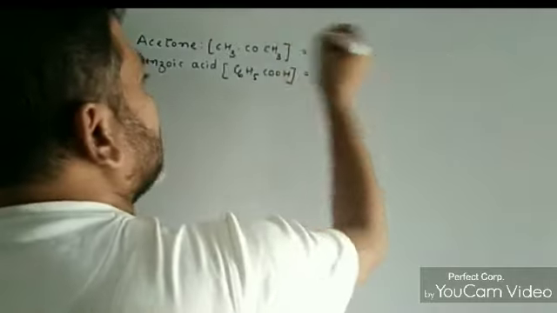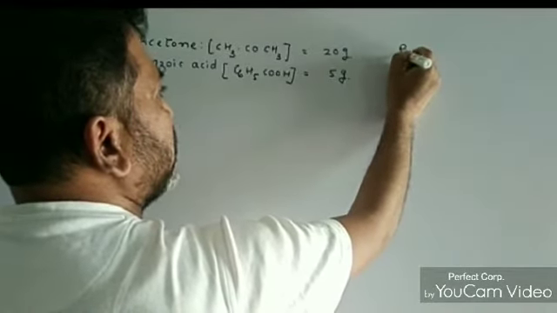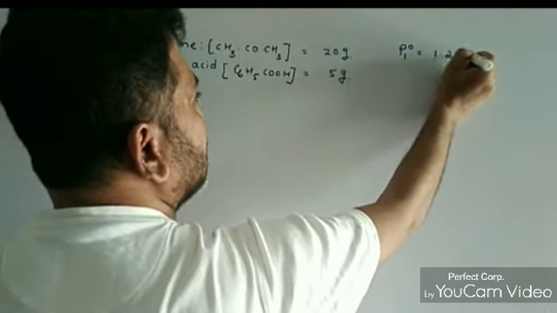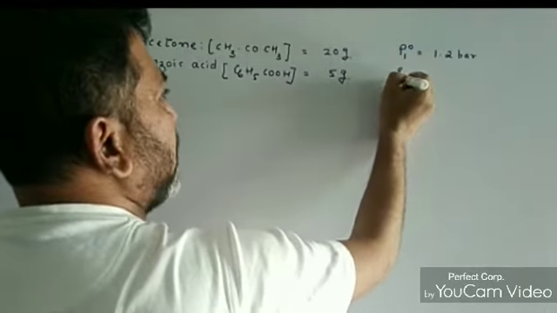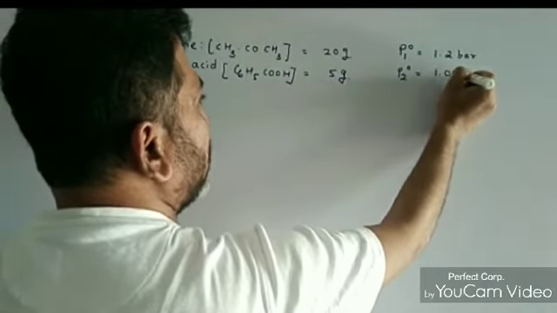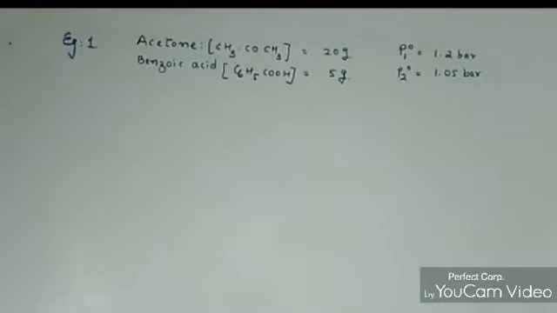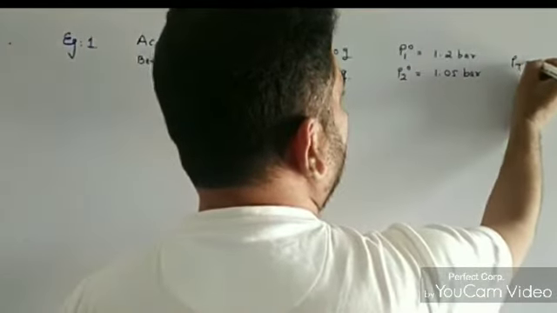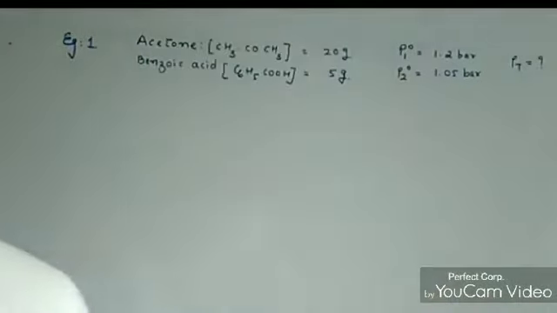Its initial pressure, which we will write as P10, is given as 1.2 bar, and the partial pressure or initial pressure of the other is given as 1.05 bar. This is the information given, and we have to find out P total using this. So these are the initial parts of our question.